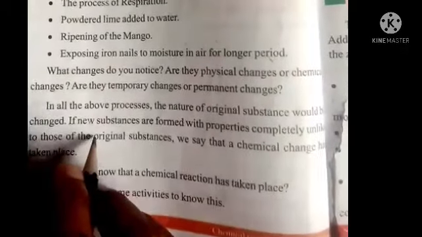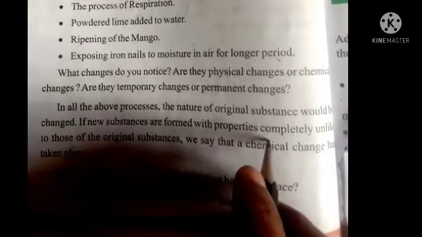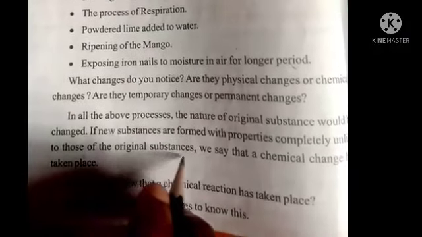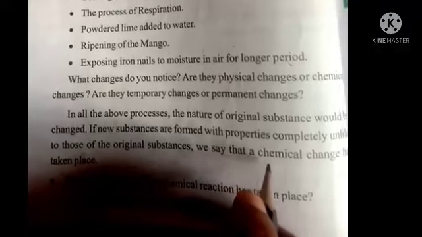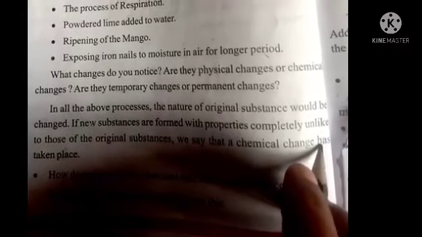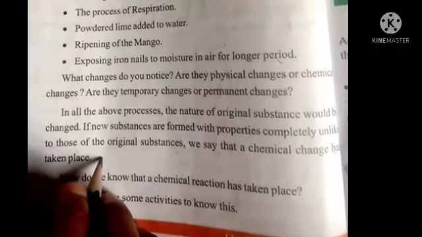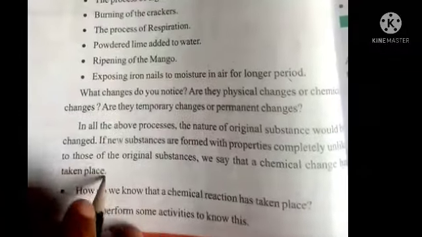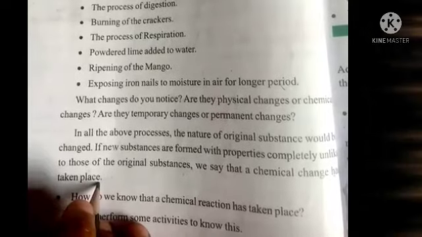If new substances are formed with properties completely unlike those of the original substances, we say that a chemical change has taken place. Listen carefully. These all changes represent the chemical change.